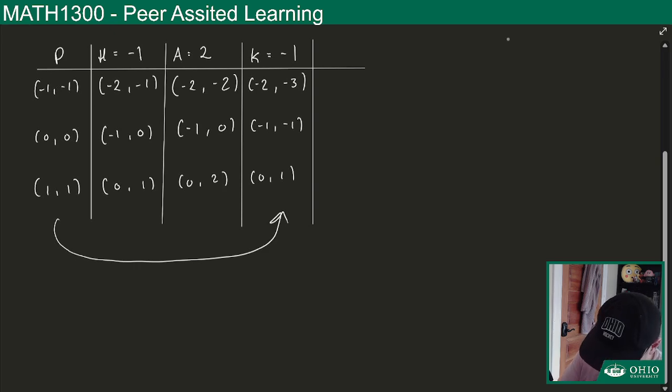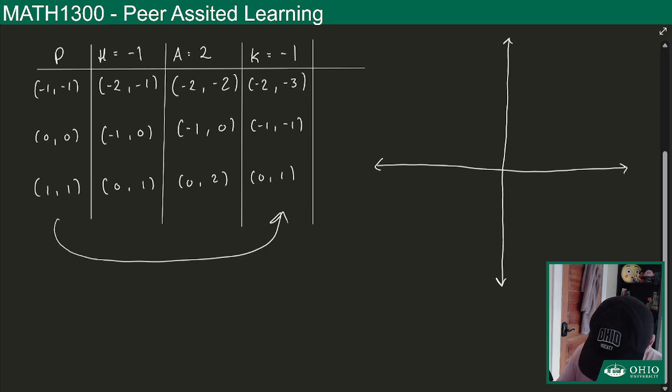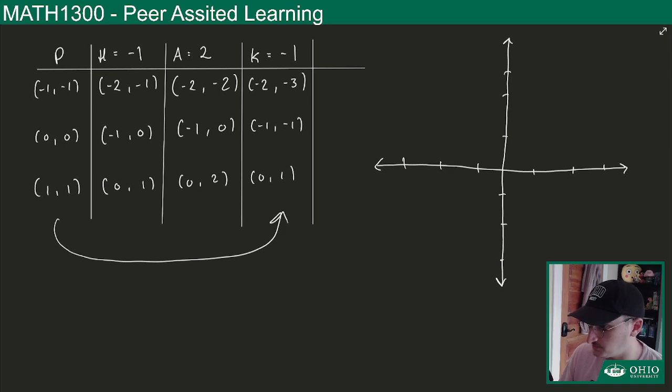We can draw out our graph. How many tick marks do I want? I probably want 3 in each direction. Let's draw our points out and then we'll trace the function through.